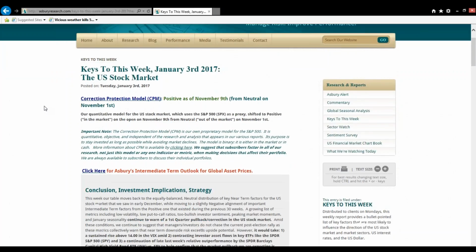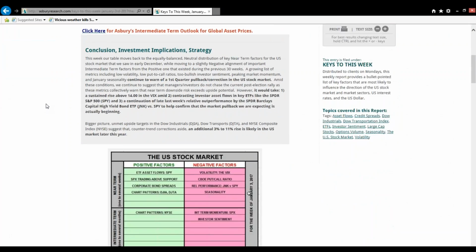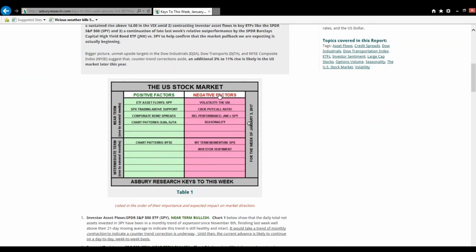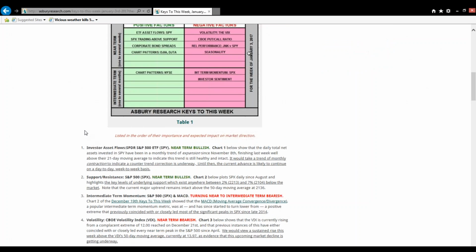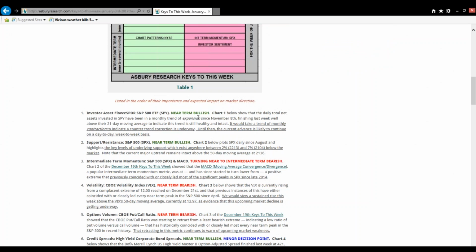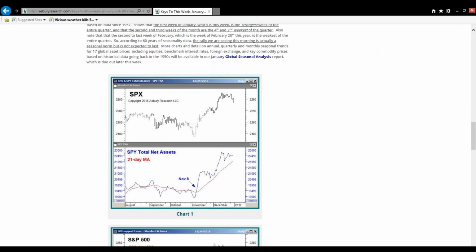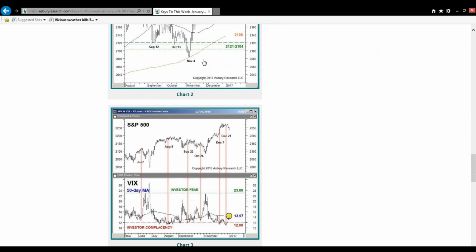So we're going to scroll past our conclusion, investment implications and strategy portion through our matrix, in which we take our 10 keys to this week and organize them into near and intermediate term positive and negative categories, through our 10 keys, which are all listed in the order of importance with a little paragraph on each. But let's get to the charts.